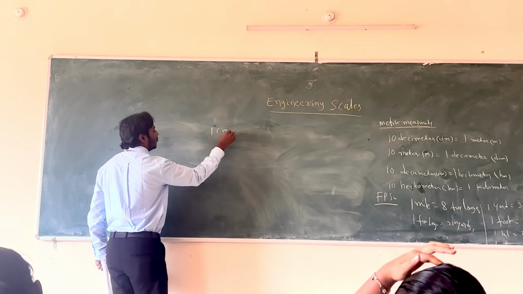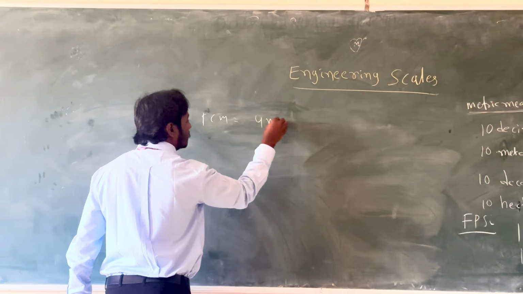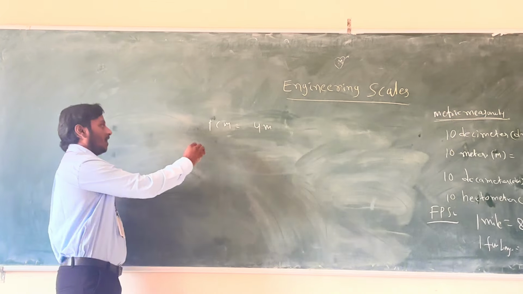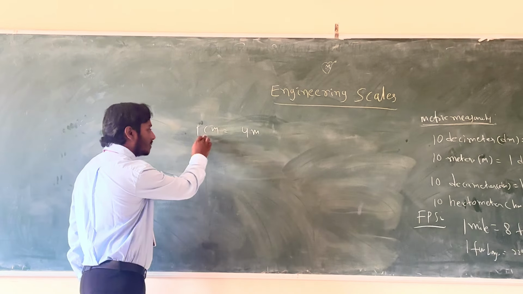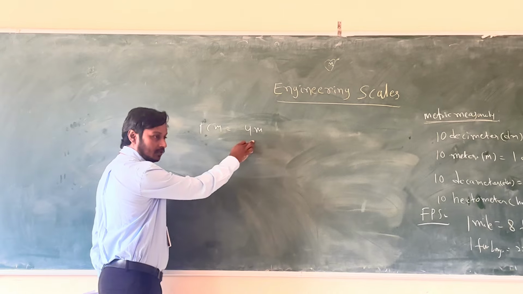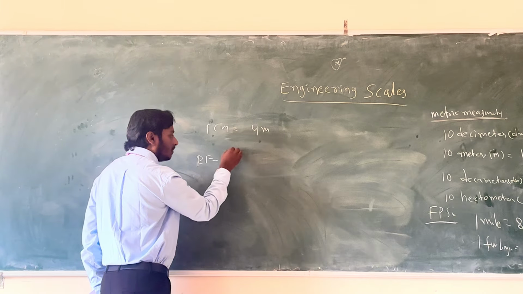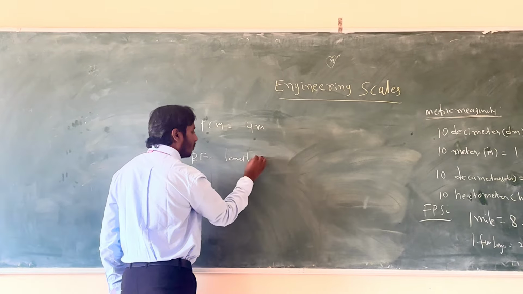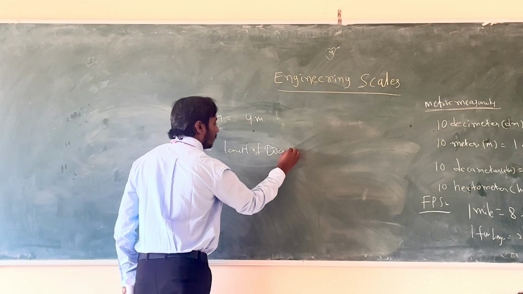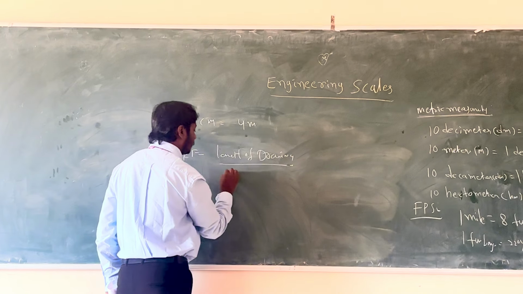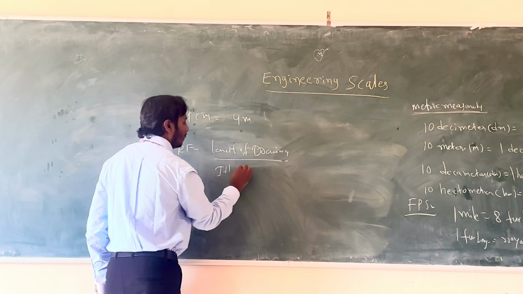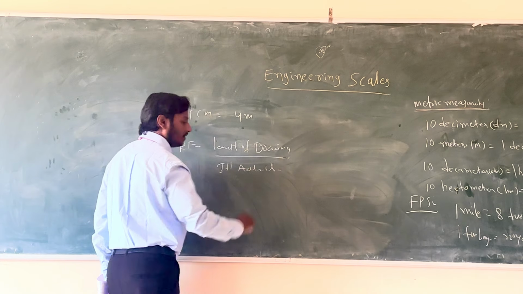1 centimeter represents 4 meters. This is the length of the drawing, and this is the actual length. What is the formula? RF is equal to the length of the drawing by its actual length.